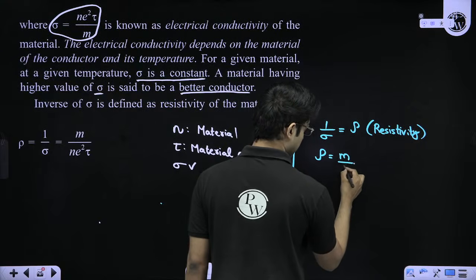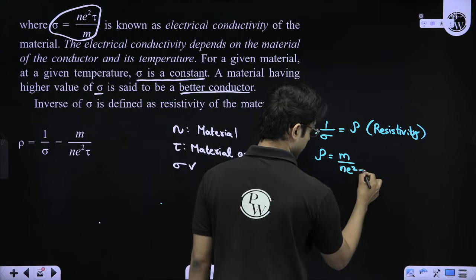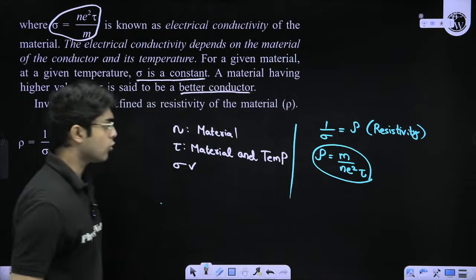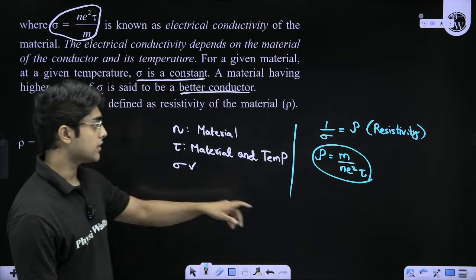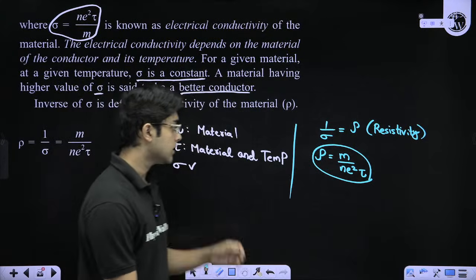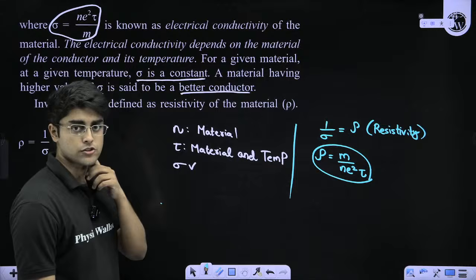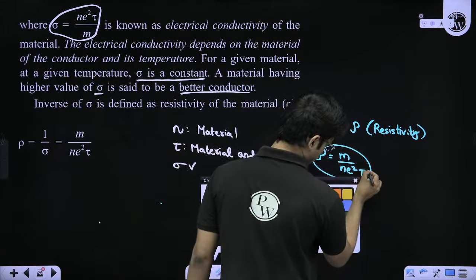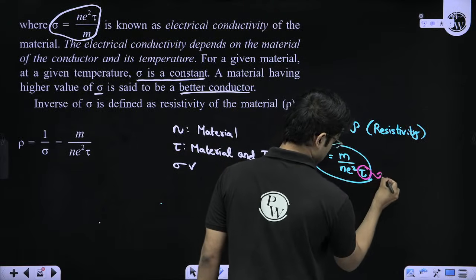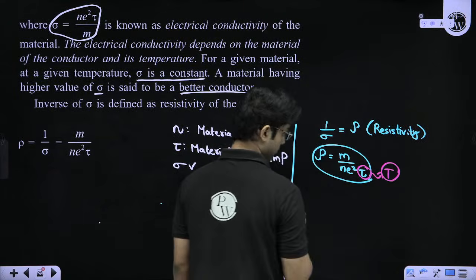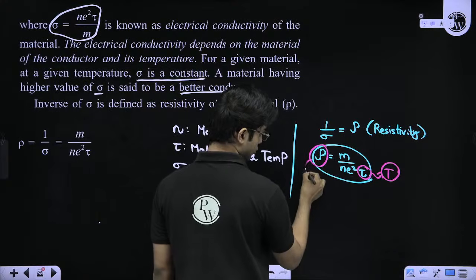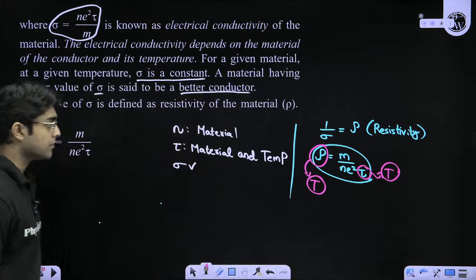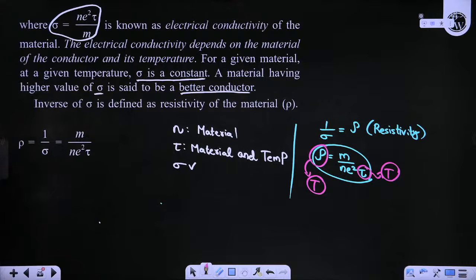They can ask whether rho depends on temperature. The answer is yes, because tau depends on temperature, so rho must also depend on temperature. We'll discuss that in a bit.